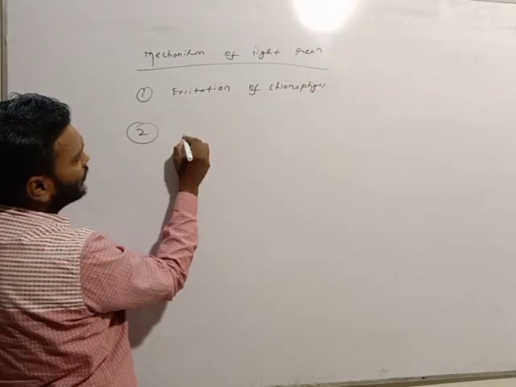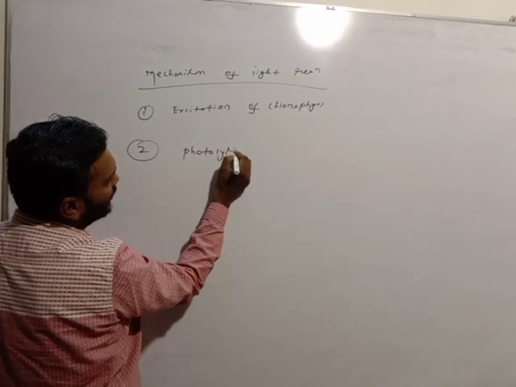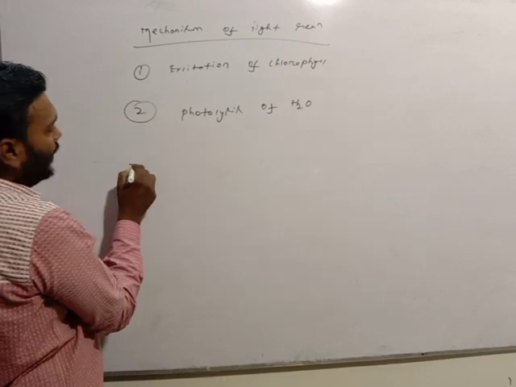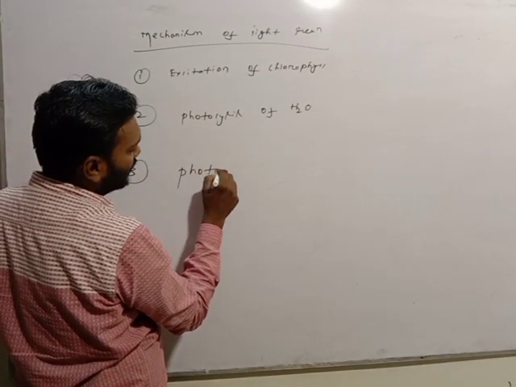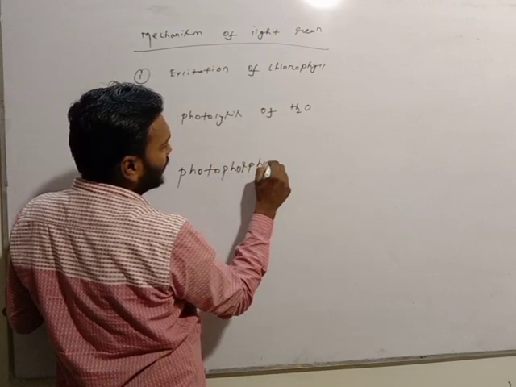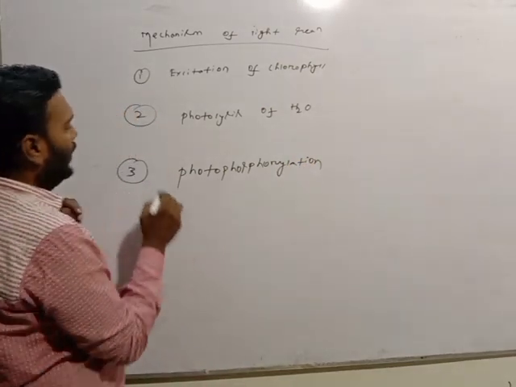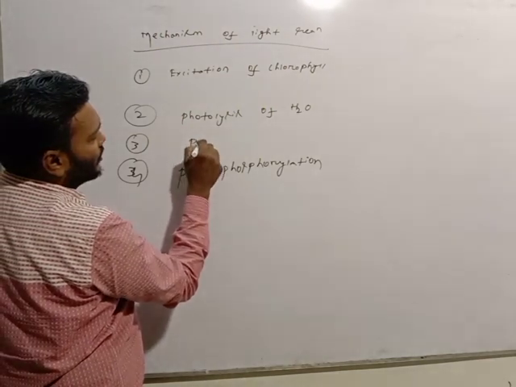Second one is photolysis of water. And third one is photophosphorylation. In between, pigment system.